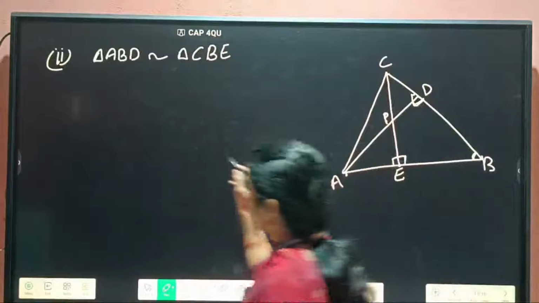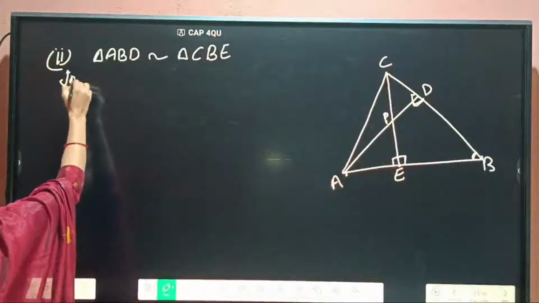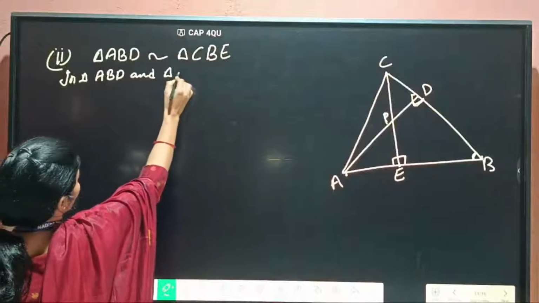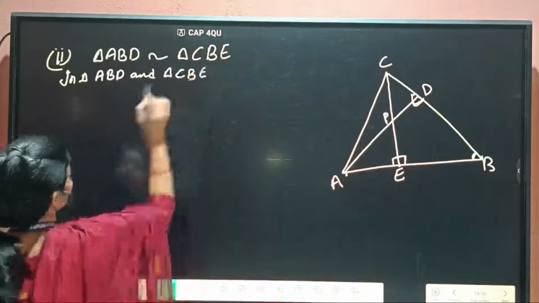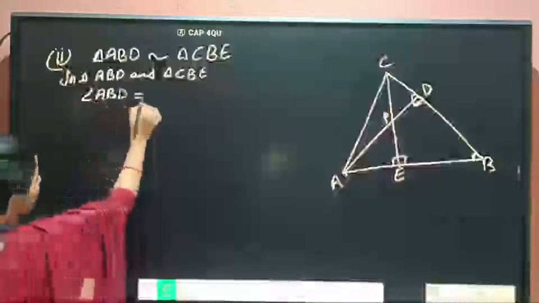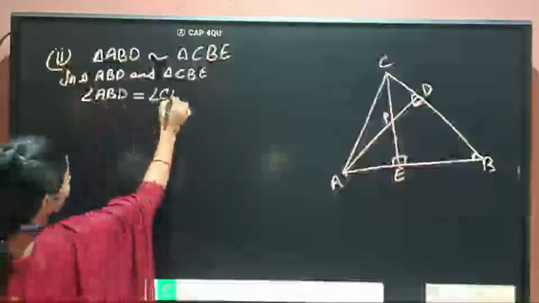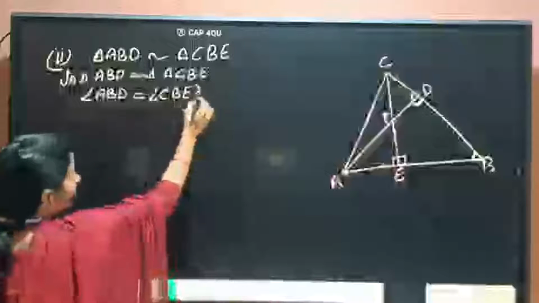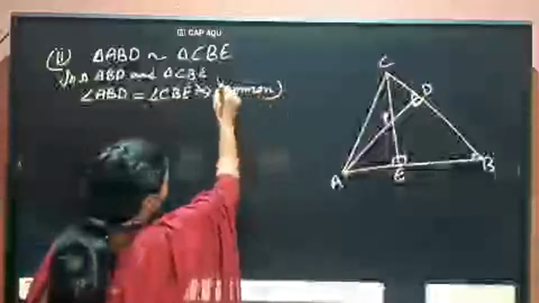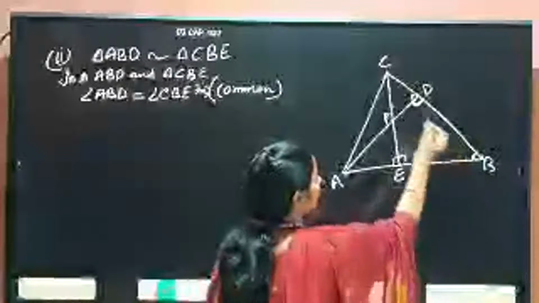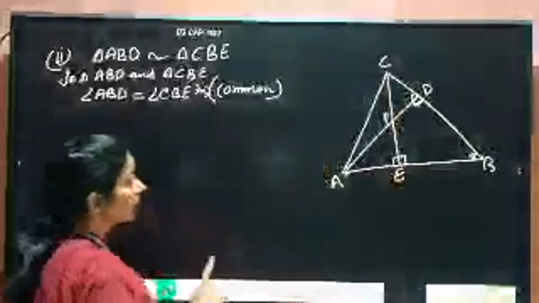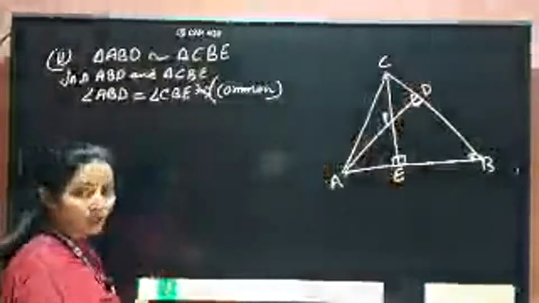Let us write in triangle ABD and triangle CBE. You will write angle ABD is equal to angle CBE because it is common in both triangles. Then again angle B we are counting. So this angle B is common in both triangles.